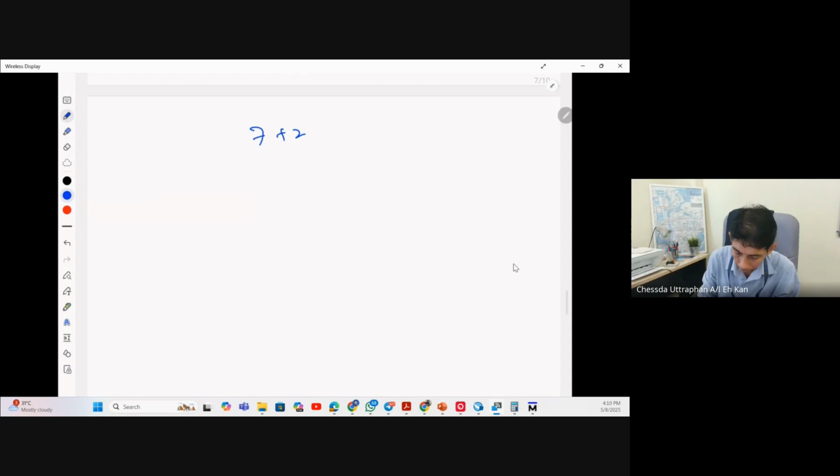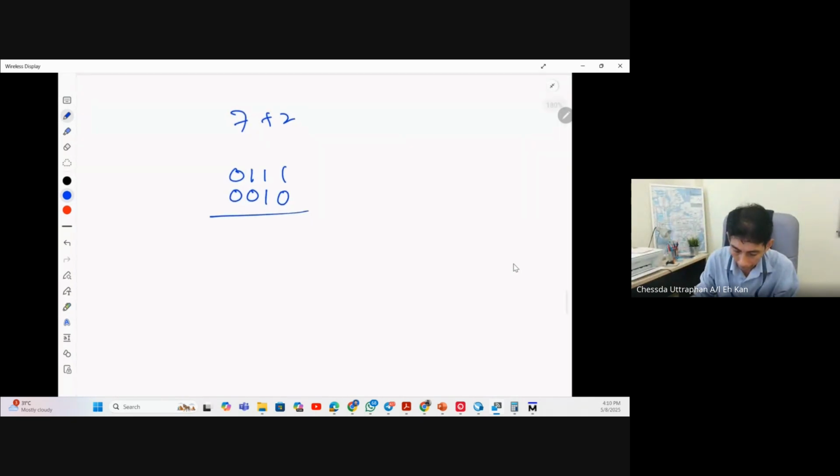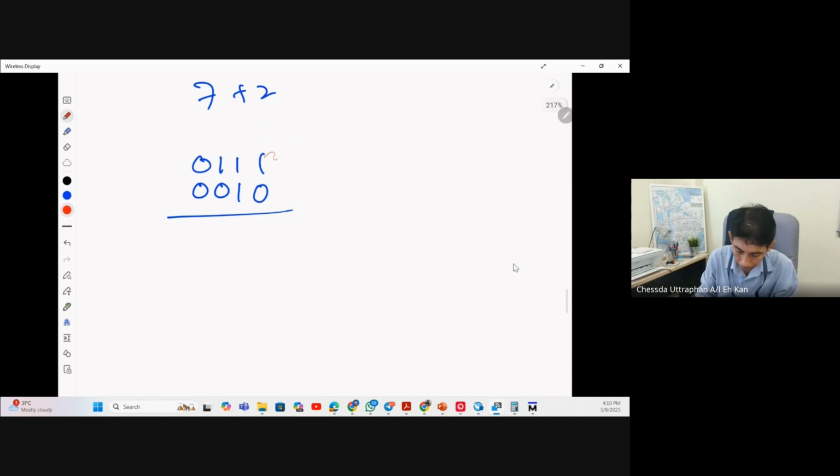7 is 0111. 2 is 0010, right? Let's add. 1 plus 0, you have 1, and C1 is equal to 0. Then 1 plus 1 plus 0, you have 0 and carry 1. This is C2. Then 1 plus 1 plus 0, you have 0, and this is C3.